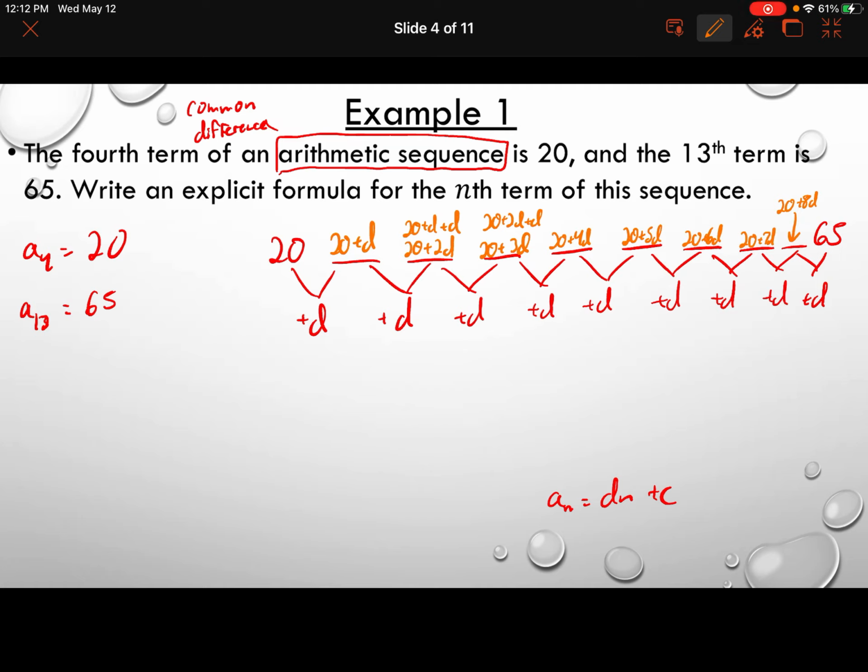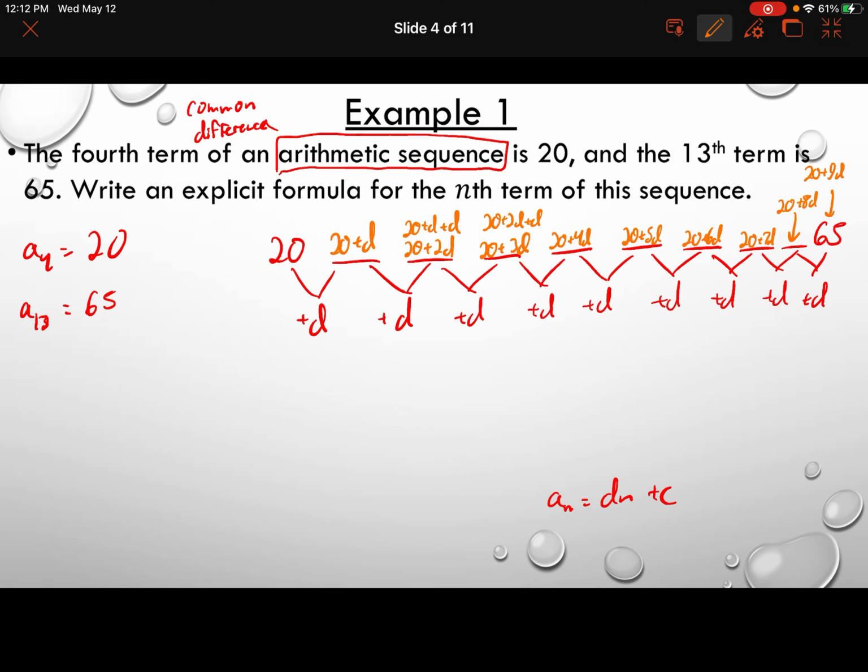And we can actually say something about 65. According to this pattern, 65 would be the same thing as 20 plus 9D. All right? 65 would be the same thing as 20 plus 9D. So now we can set up an equation.